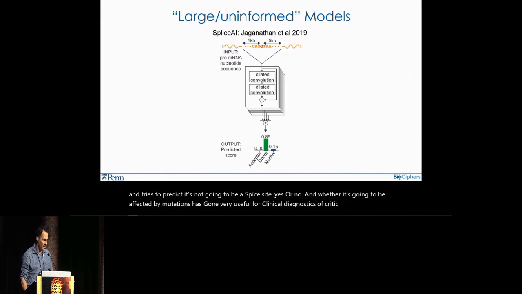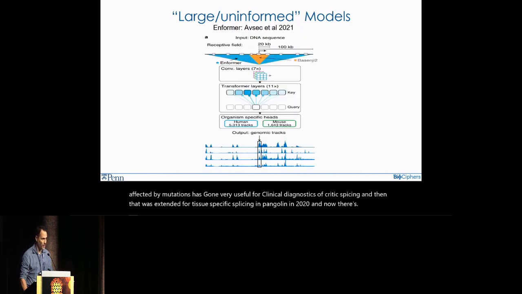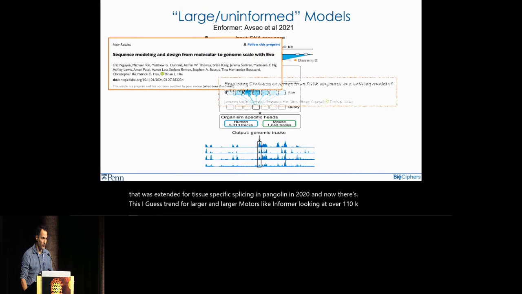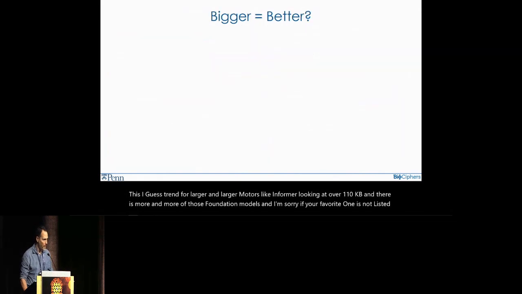And then that was extended for tissue-specific splicing in Pangolin in 2020. And now there's this, I guess, trend for larger and larger models like Informer, looking at over 110 kb. And there's more and more of those foundation models, and I'm sorry if your favorite one is not listed here.